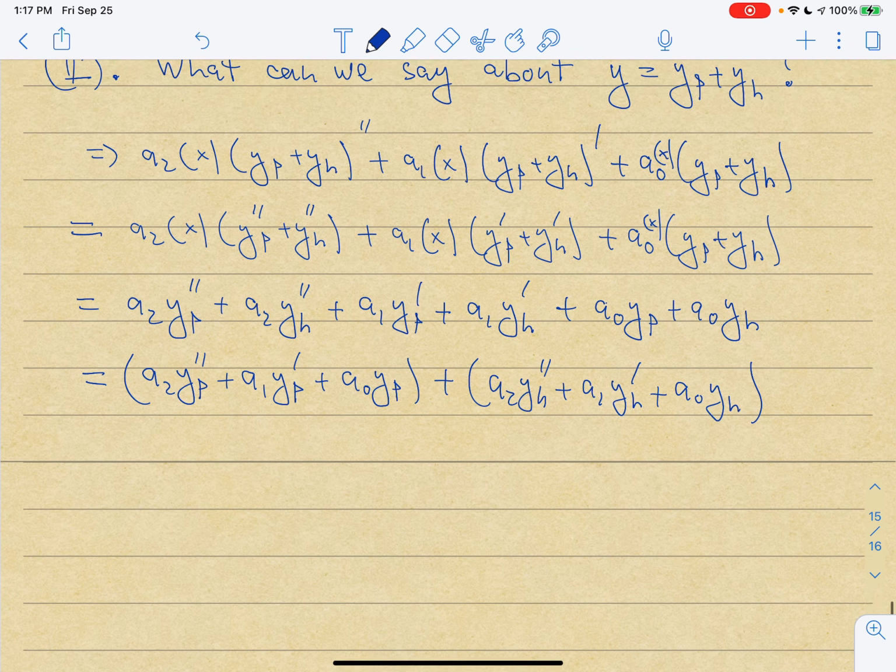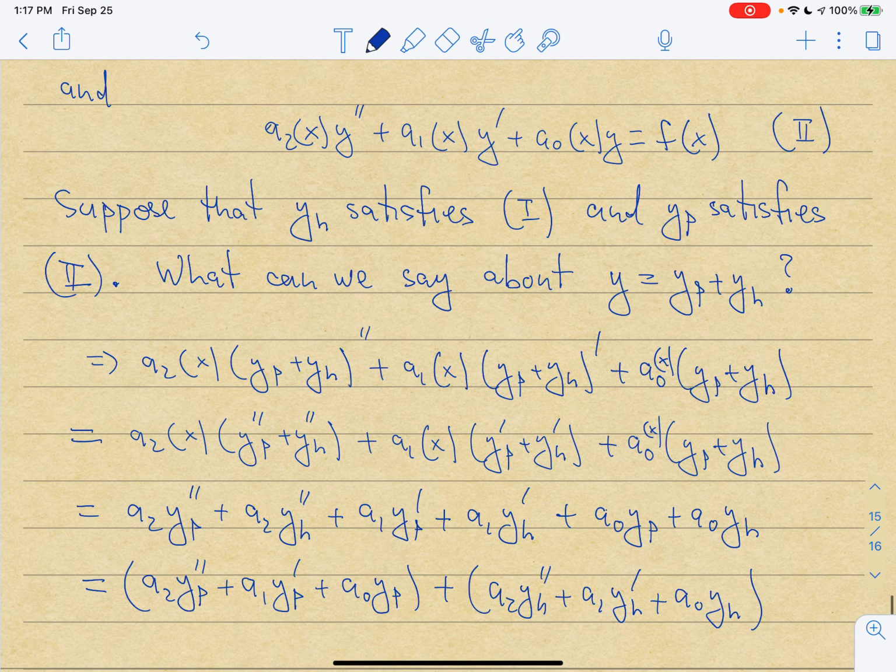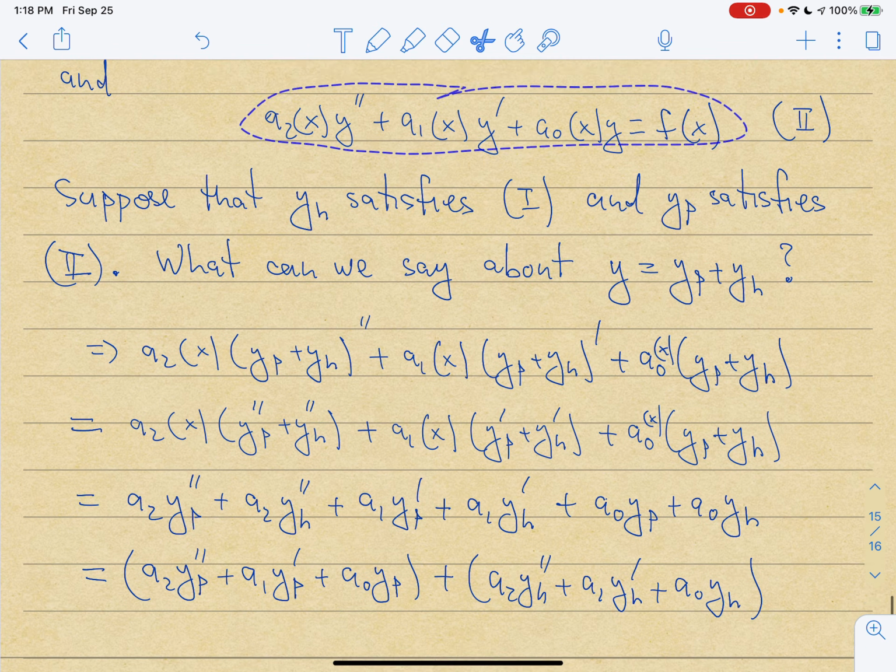Okay, but then I know that yp satisfies equation 2. So if I plug yp into equation 2, then the right-hand side is going to be equal to f of x.